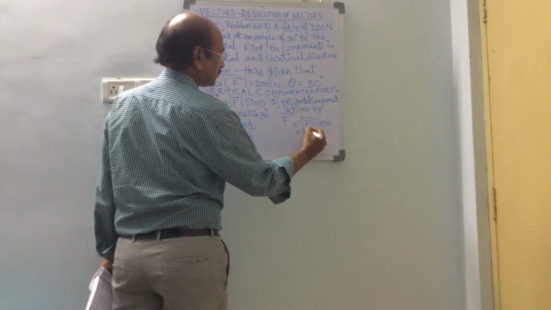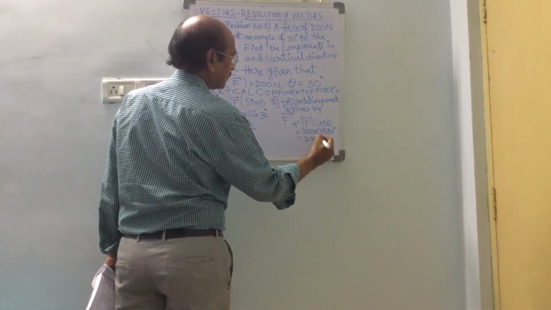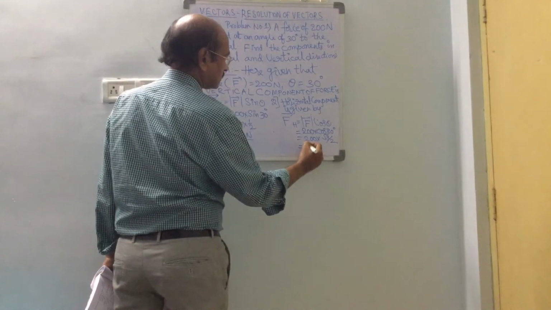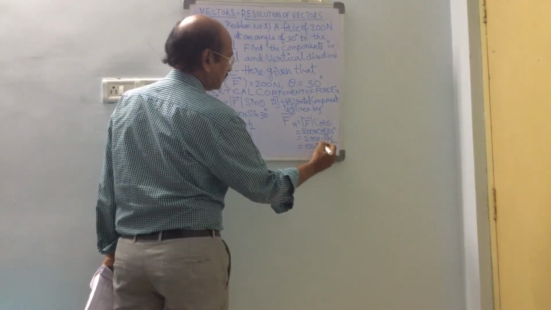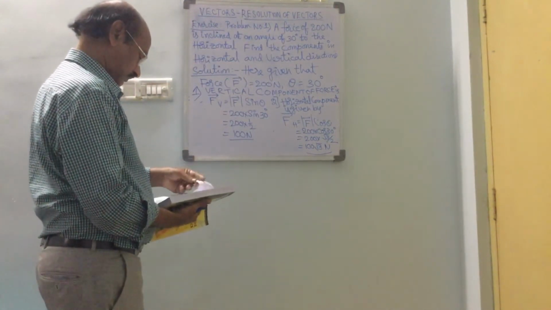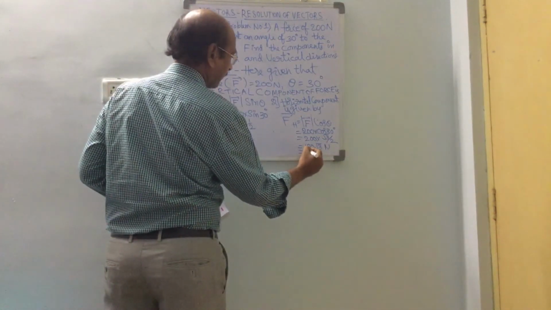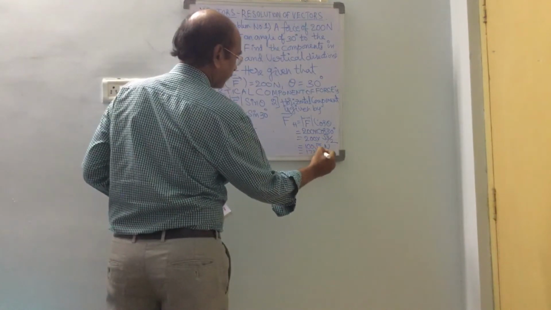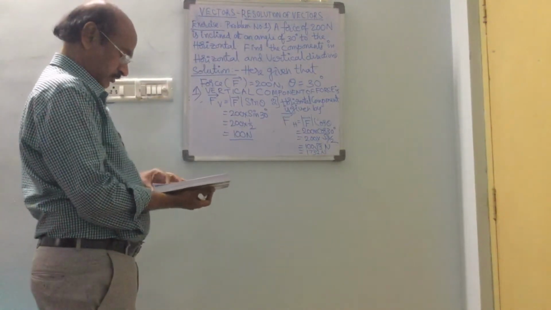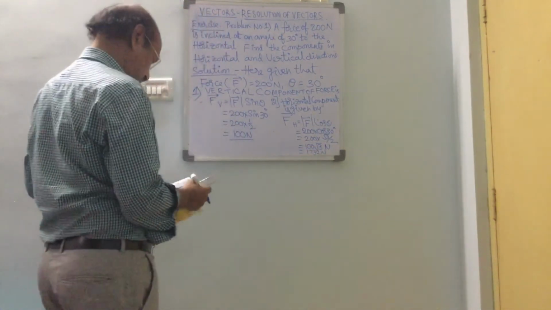From this, 200 into cos 30 degrees, that is 200 into root 3 by 2, that is 100 root 3 Newton. Root 3 is 1.732, into 100, that equals 173.2 Newton.